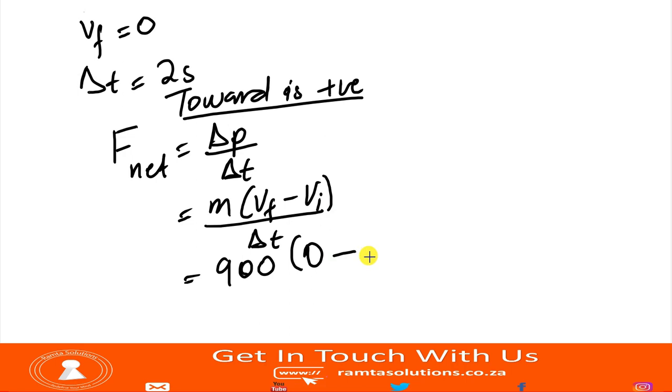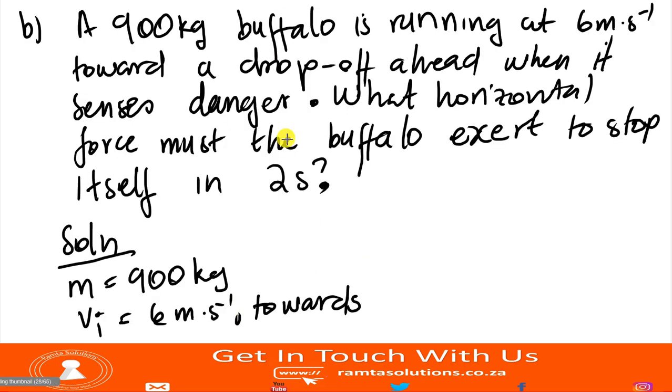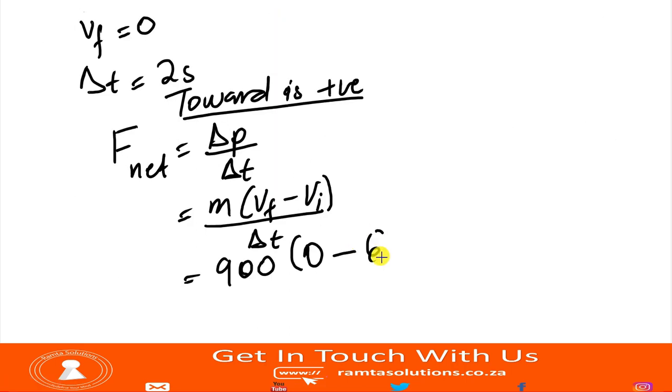Minus, remember, it'll be positive 6, over the time, which is 2 seconds. 900 times 3 must be 2,700. So our answer here is negative 2,700. But we are not done.